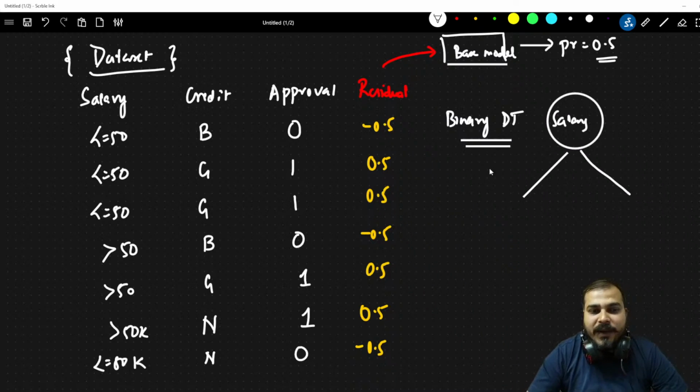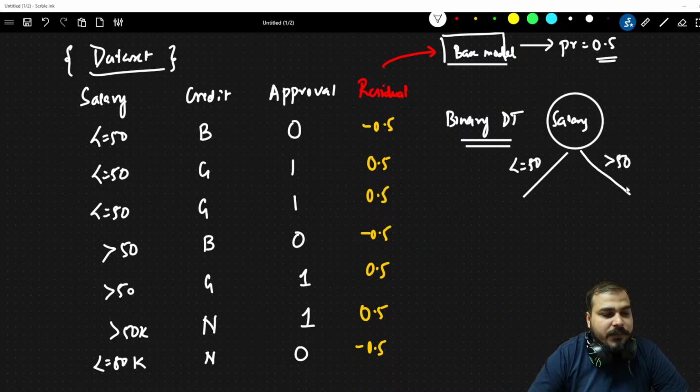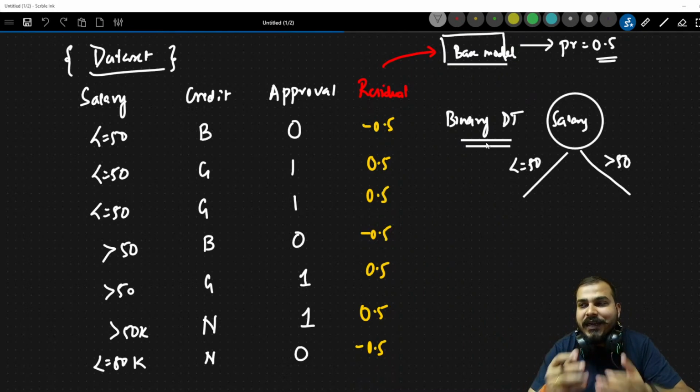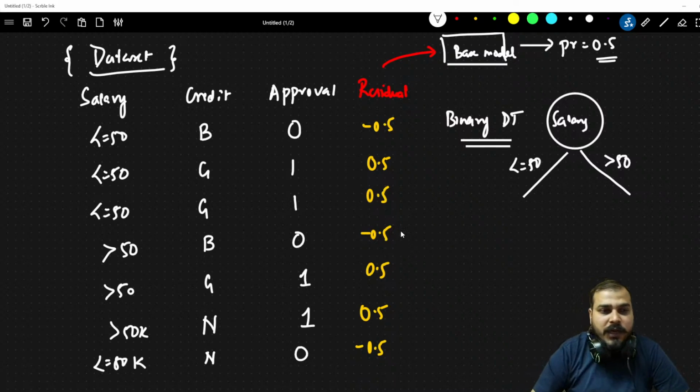So let's say in salary, one branch is less than or equal to 50k and the other is greater than 50k. In the case of credit, where there are three categories, I'll also show you how that further split will happen and how that will get converted into a binary tree.